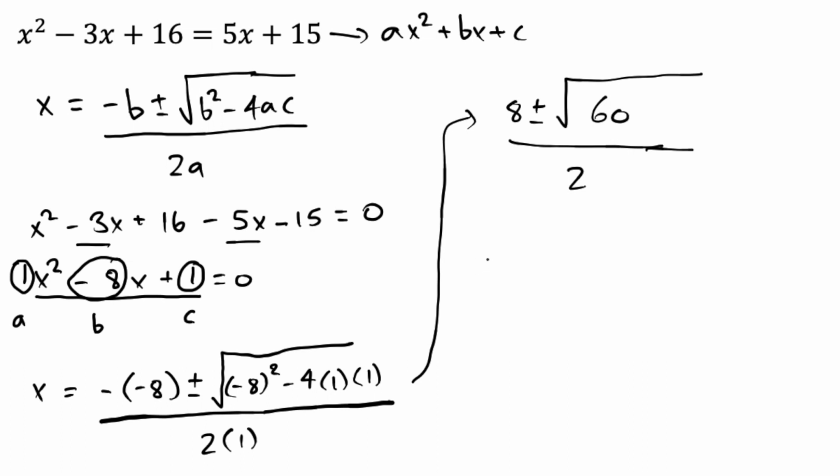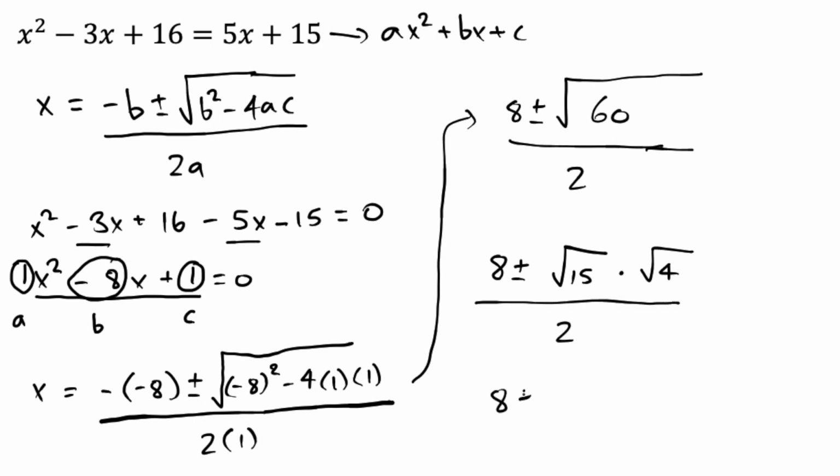So we can simply write this as 8 plus or minus, we know that 60 can be written as root of 15 into the root of 4 all over 2. So again, simplifying further, we can write it as 8 plus or minus 2 root 15 all over 2.